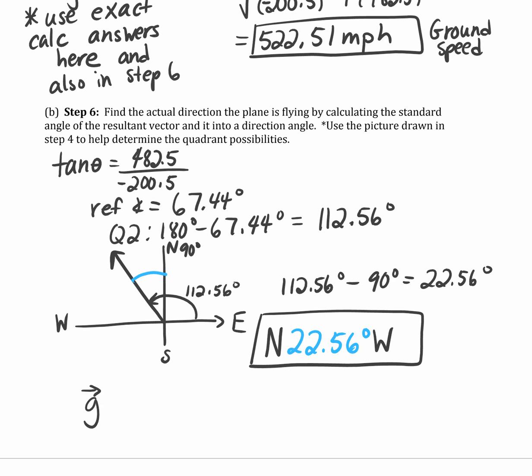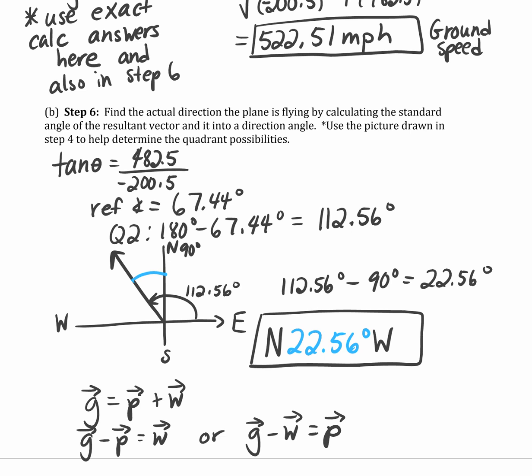Since ground speed is plane plus wind speed, ground minus plane would give you wind, or ground minus wind would give you plane. Those would be some different variations of that, or you might have to do subtraction instead of addition in a similar problem.